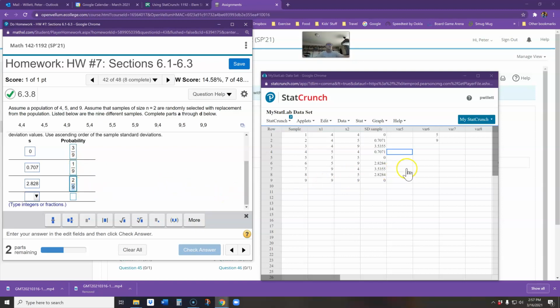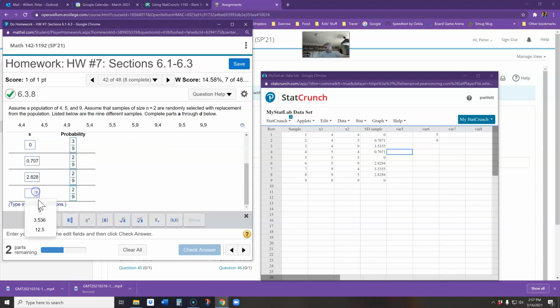So then the other one should occur in 3 places. Whoops, there we go. And so then my next highest was the 3.5. Oh, my 0.707 was in 2 places. That's why they're not adding up to 9. This one should also be 2 out of 9. Then the last one will be the remaining 2 out of 9.